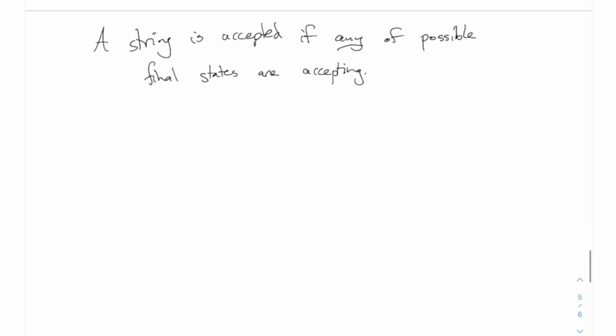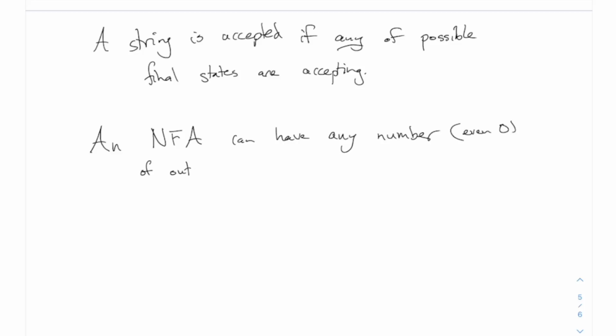All right, great. That's an NFA. So let me say, here's another example. Well, let me just say an NFA can have any number of outgoing arrows for any letter, and I will just emphasize, even 0. Any number of outgoing arrows for each letter.